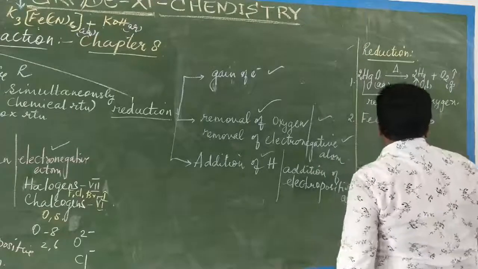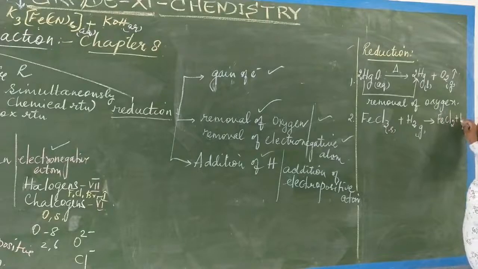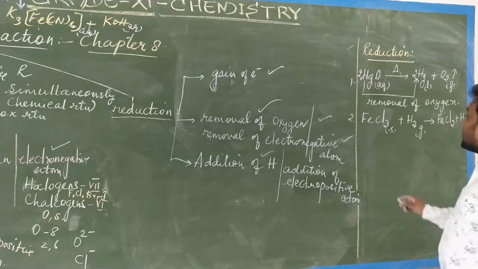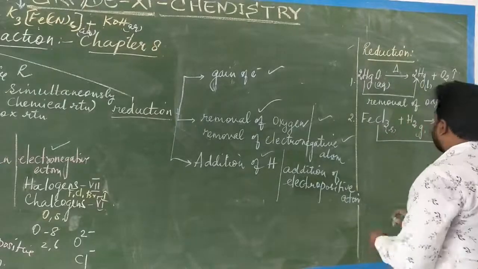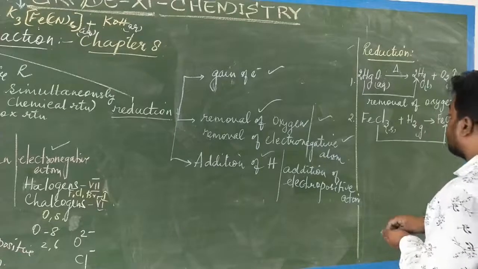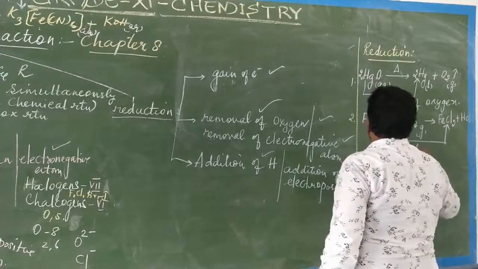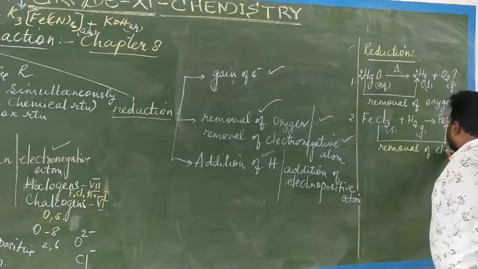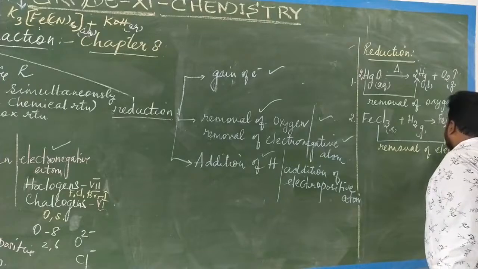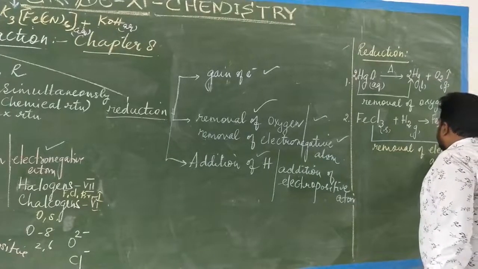As a result, it gives rise to the formation of FeCl2 plus HCl. So now what's happening? FeCl3 has got reduced to FeCl2. That means removal of an electronegative atom has taken place. The electronegative atom here is chlorine.